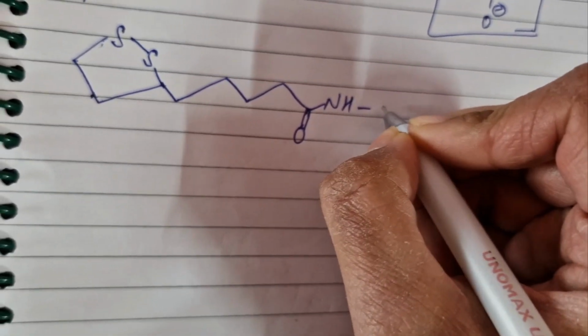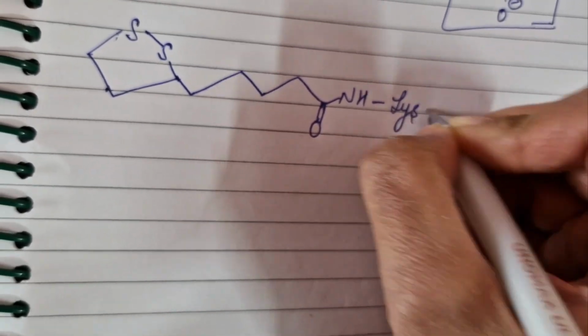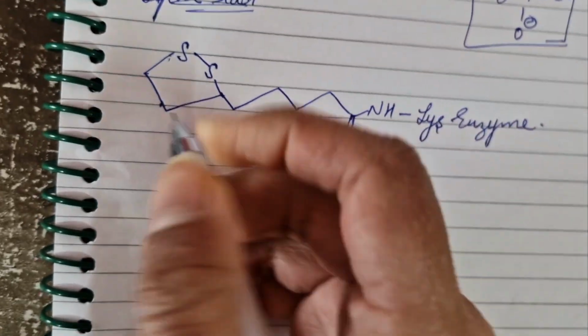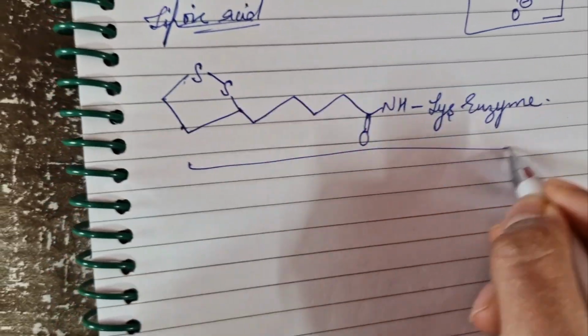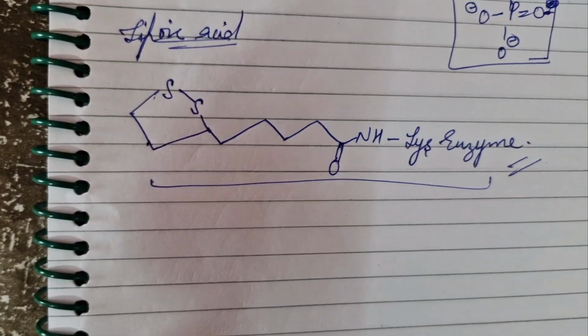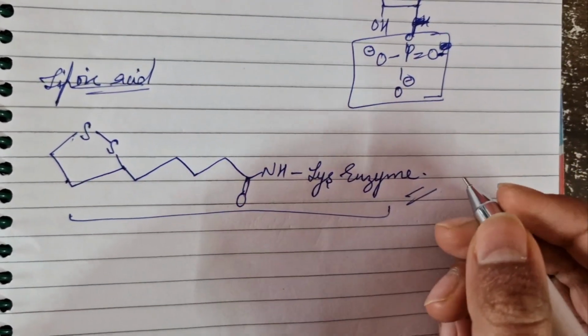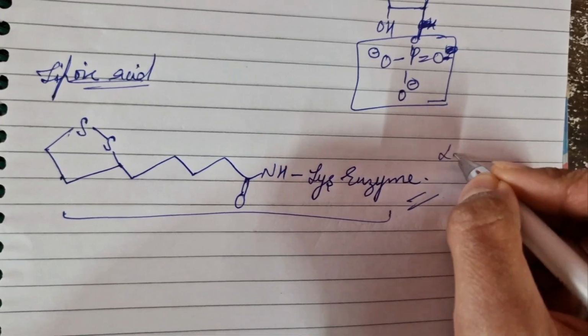And from this side, the lysine enzyme gets attached, leading to the formation of the coenzyme. It is essential for the decarboxylation of alpha keto acids.